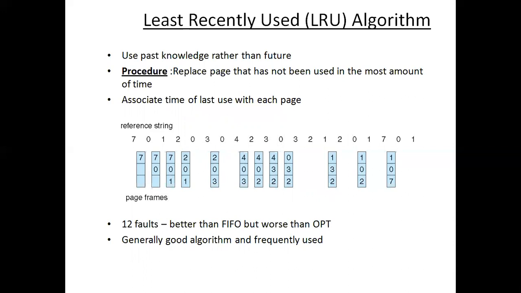So here, instead of looking at the future, look at the past. Look at the past and see which page is not being used, though you still have it in physical memory, and remove that. So the least recently used algorithm looks up to the past. Use past knowledge rather than future. So what is the procedure? Replace the page that has not been used for the most amount of time.